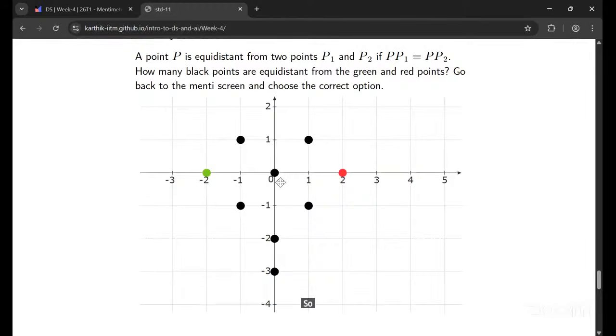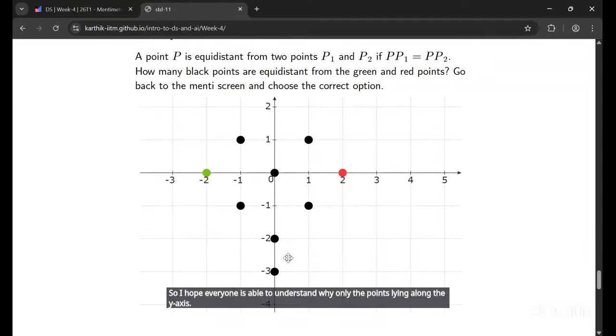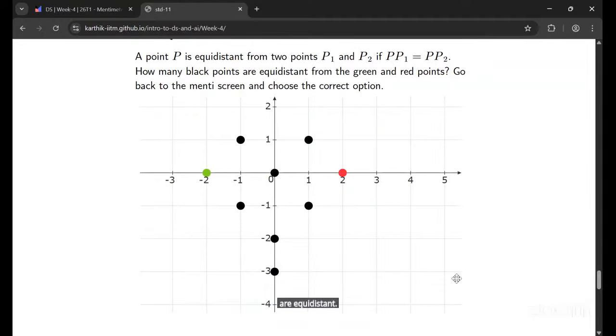So here, since the y-axis lies perfectly at the midpoint of these two clusters, it becomes a cluster boundary. And that is why any point which lies on the cluster boundary is equidistant from both the clusters under consideration. So I hope everyone is able to understand why only the points lying along the y-axis are equidistant. Yes, ma'am.